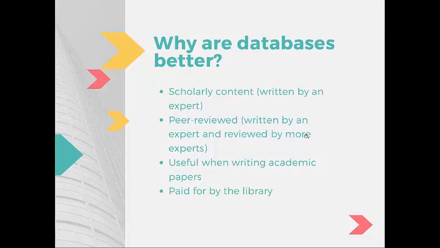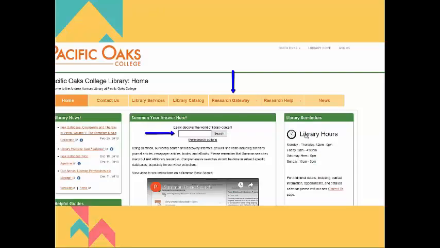And of course, the best thing about them is they are paid for by the library, which means you don't have to pay for anything within these about 200 databases that we subscribe to. Whenever you're accessing databases through the library's website, you have two choices.